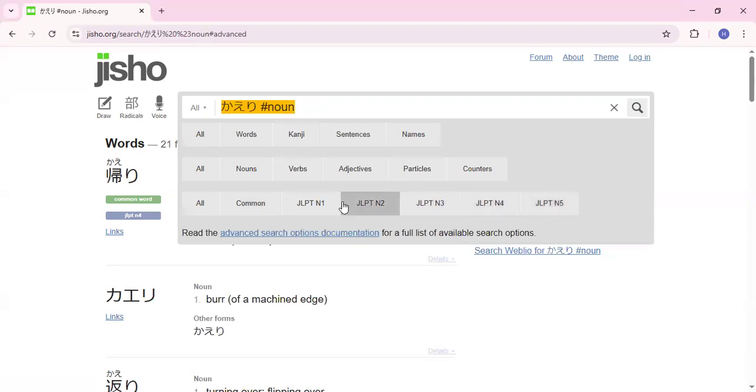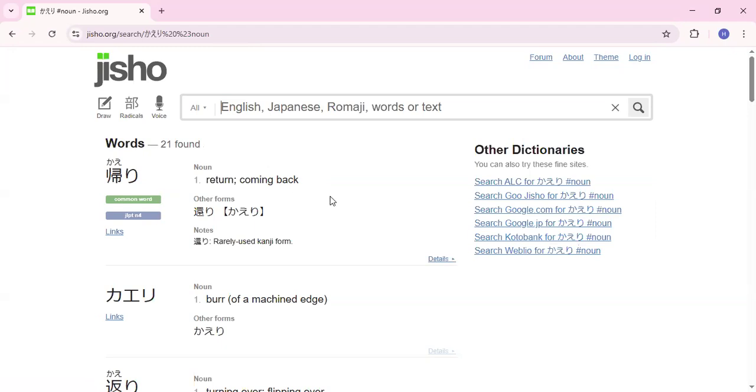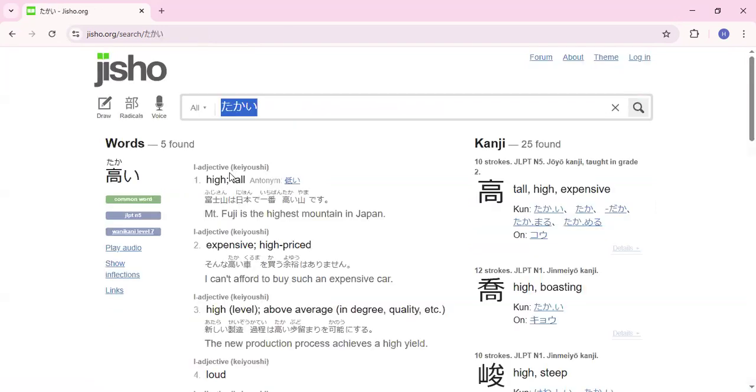But I usually just use all. I don't know because N1, N2, N3, N4, N5, it's not the same. The standard can vary based on website, so we don't care about this. We just say all. And then what's good about this, it tells you if it's a noun, right? So that's good. But nouns are obvious. Na adjective also tells you, for example, takai is an i adjective. It's gonna tell you takai, i adjective, or keiyoshi, right?